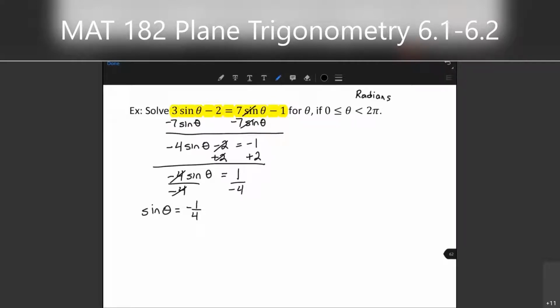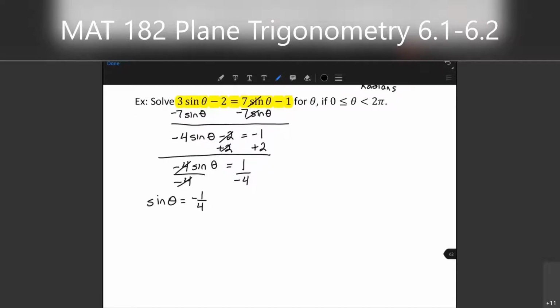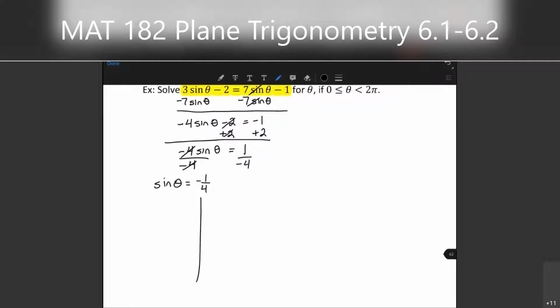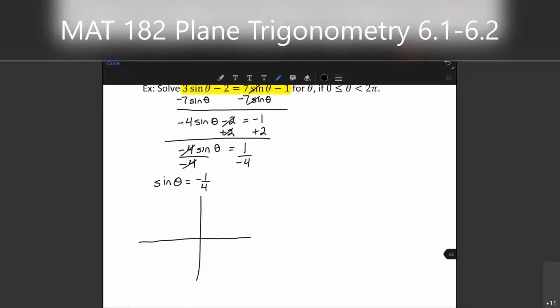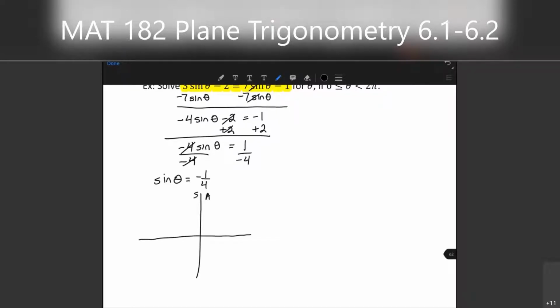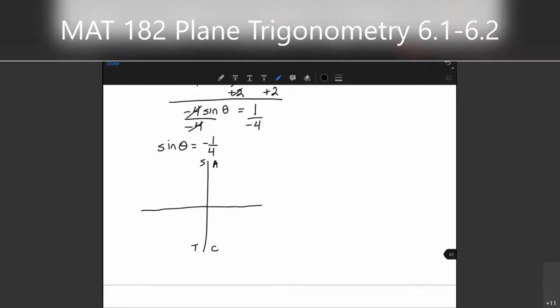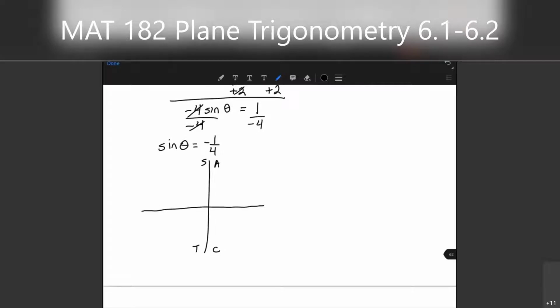So let's take just a moment to picture this with a little sketch, and then we're going to use our calculators to approximate some angles for this. Again, we want to consider, where is the sine function going to be negative? Which two quadrants would give me a negative sine?